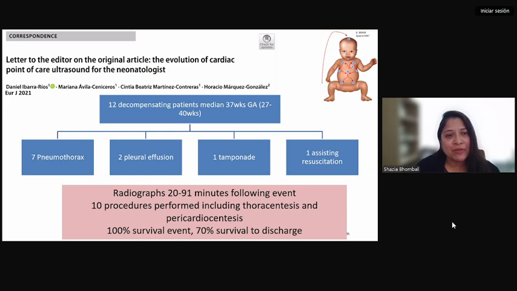What they found was in 7 cases there were pneumothorax. They found 2 pleural effusions, 1 tamponade, and 1 where they assisted resuscitation. They did 10 procedures, including thoracentesis and pericardiocentesis, and found 100% survival and 70% survival to discharge. The x-rays took about 20 to 91 minutes following the event, so again, much more rapid.